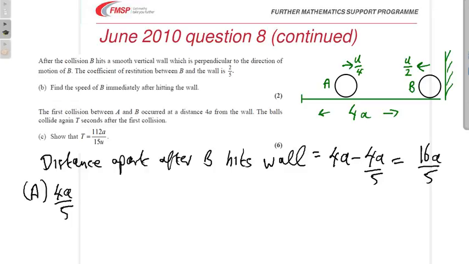Nearly there. Now, this distance then is 16a over 5. How long will it take before they collide again? Well, the relative velocity, the velocity that they're effectively closing on each other, will be u over 4 plus u over 2.